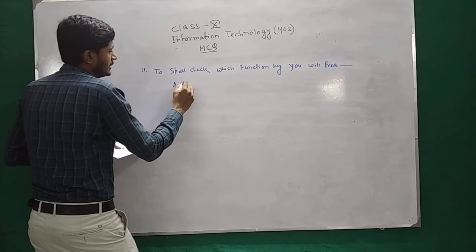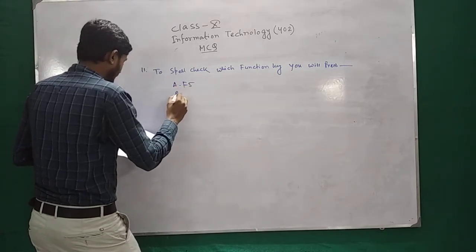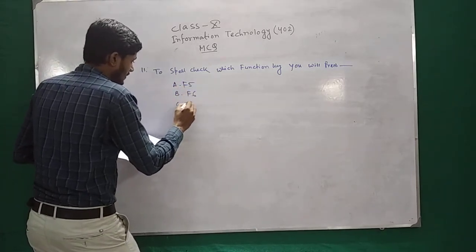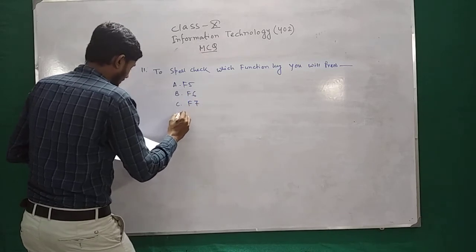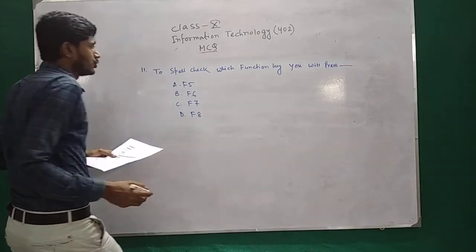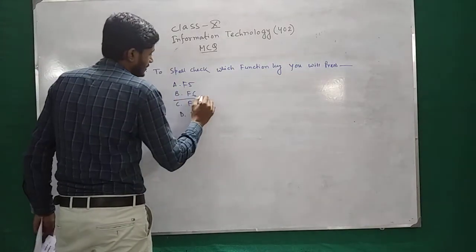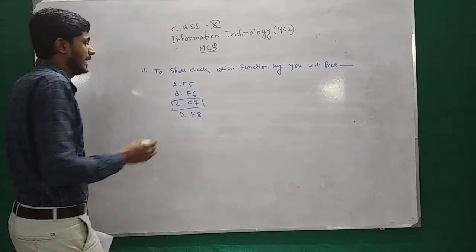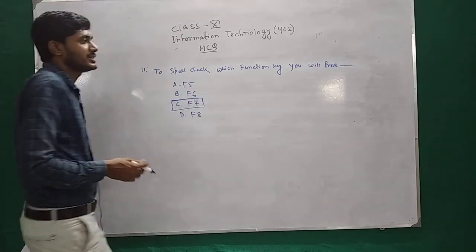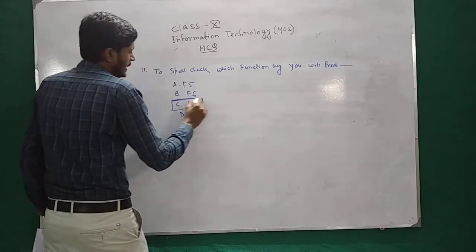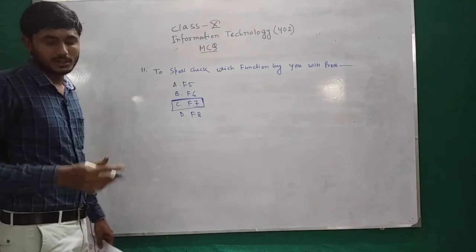Option A F5, option B F6, option C F7, and option D F8. To spell check we will press the F7 key. So the answer is option C F7.